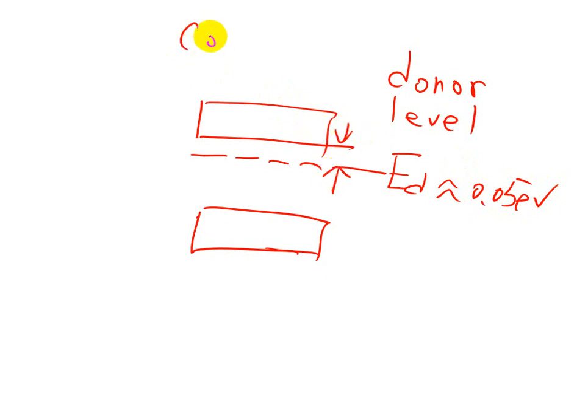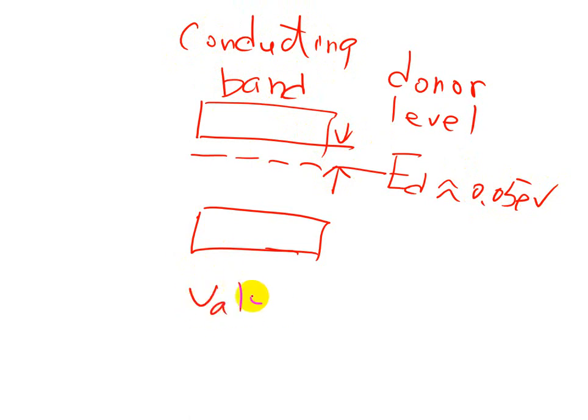This is the conduction band, and this is the valence band. At the conduction band, you have a lot of electrons from here. According to your application, you have introduced a large number of electrons from group 5 elements, say arsenic or phosphorus.